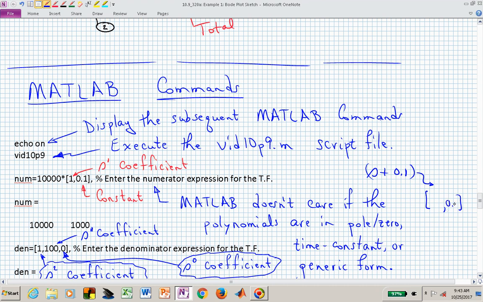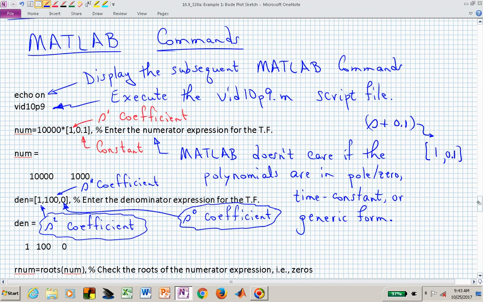Here we had 0.1 for the coefficient of the constant, and we have 1 for the coefficient of the linear term, and that's now what we've multiplied 10,000 by.